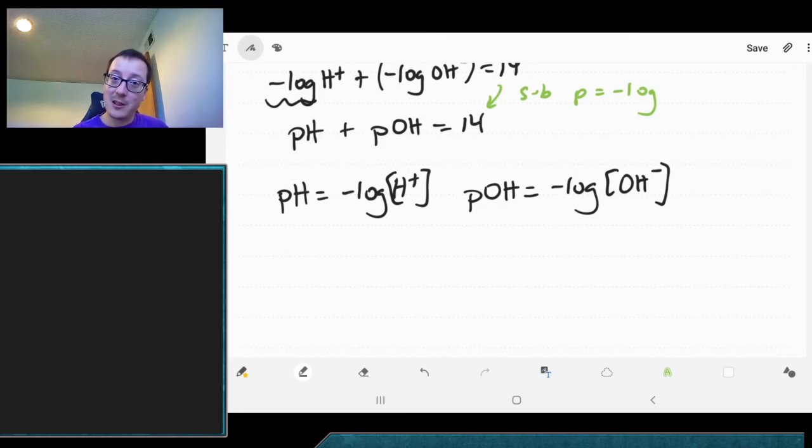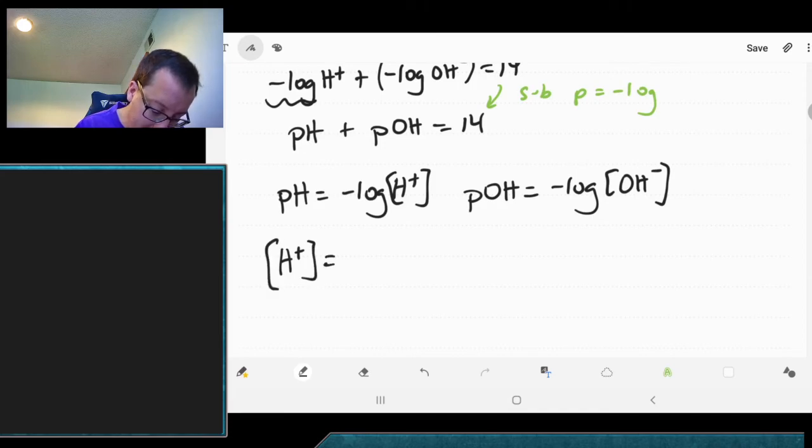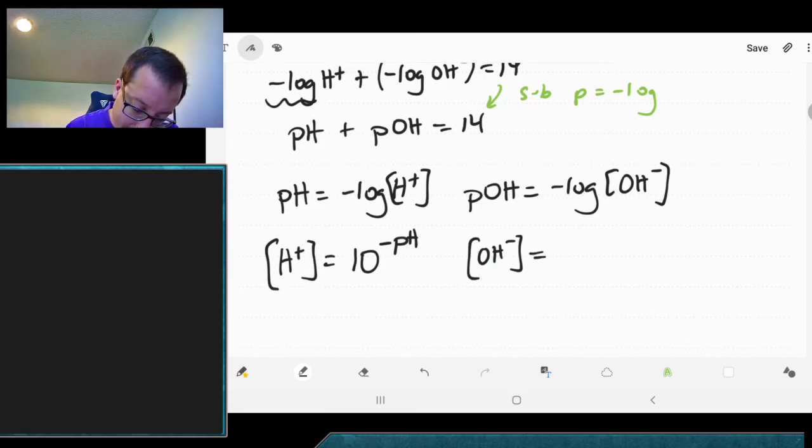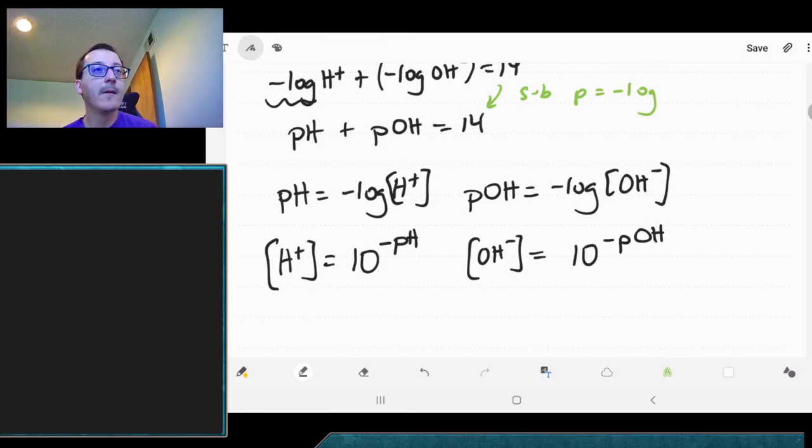The opposite of a log is 10 to the x. So H plus, we could also say, is 10 to the minus pH. It's the opposite function of log by raising it now to the power of 10. And for OH concentration, that's 10 to the minus pOH. And you can get your OH concentration out.